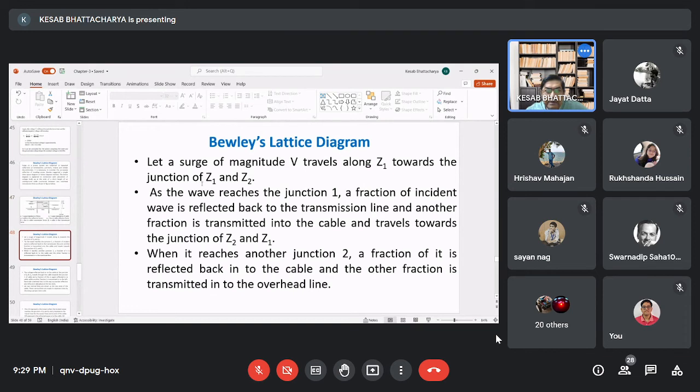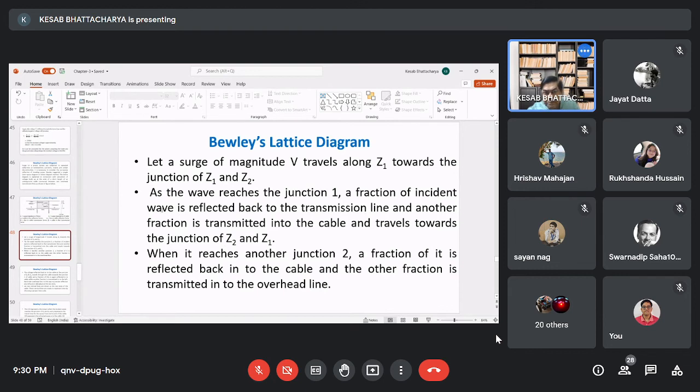Now here, let a surge voltage of magnitude V travel along Z1 towards the junction of Z1 and Z2. As the wave reaches junction 1, a fraction of the incident voltage wave is reflected back to the transmission line and another fraction is transmitted into the cable and travels towards the junction of Z2 and Z1.